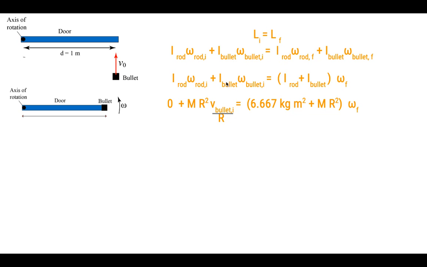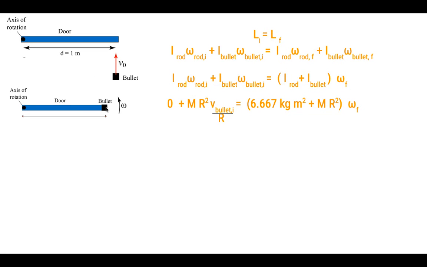So let's think about r here. We know that the bullet is moving towards the door. Technically, the bullet is going to rotate about this axis of rotation once the bullet and the door collide inelastically.